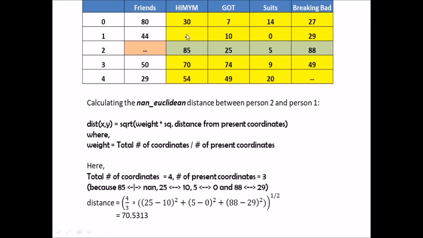This is also a missing value, so 85 and this missing value won't count. So we have 25 and 10, 5 and 0, and 88 and 29. So we have 3 complete sets. So the present number of coordinates is 3.